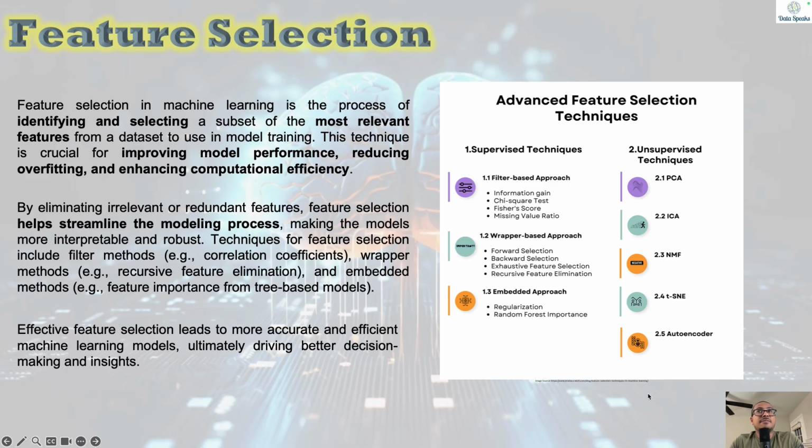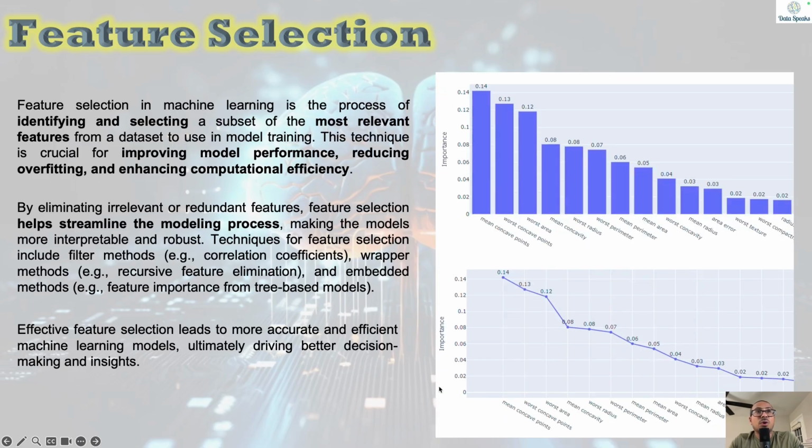If you have so many features already created using feature engineering or the original features from your dataset, then you have to be able to select the few features that are important for the machine learning model, not all the features.